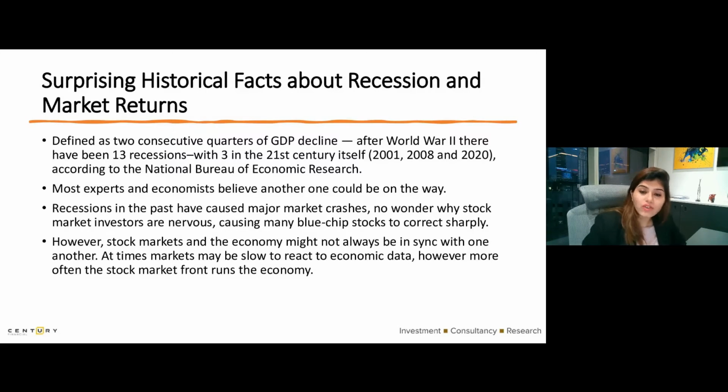Firstly, before you answer this question, I'm going to start a poll. How many of you foresee a recession in the next 6 months? Let's see what your predictions are.